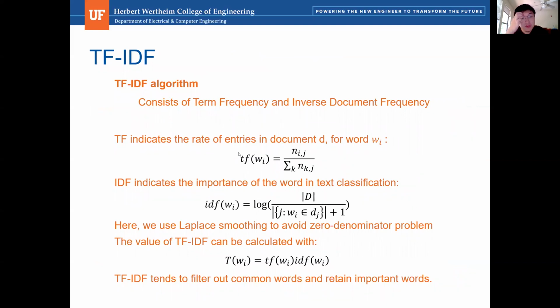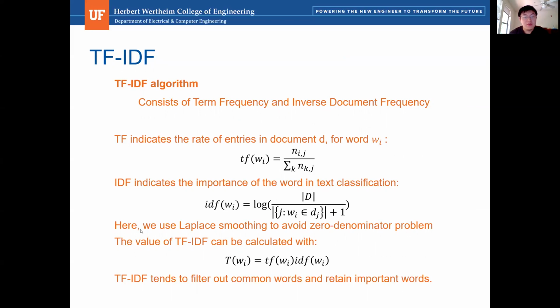In the second part, we will introduce the TF-IDF algorithm. This algorithm consists of term frequency and inverse document frequency. TF indicates the rate of occurrence of a word in a document D. For word i, the TF can be represented like this. IDF indicates the importance of the word in text classification, and it can be represented like this.